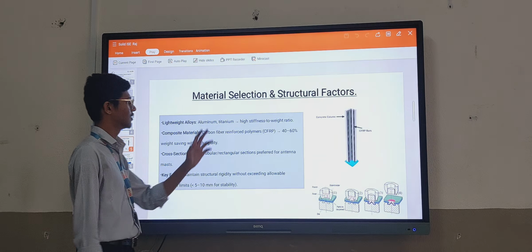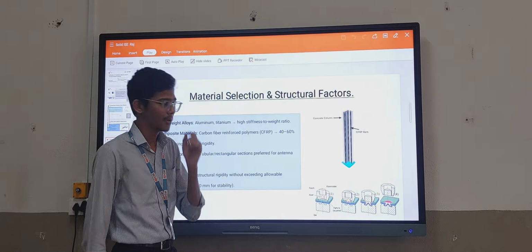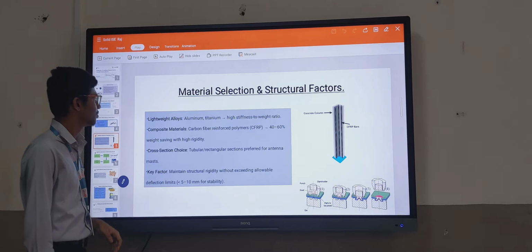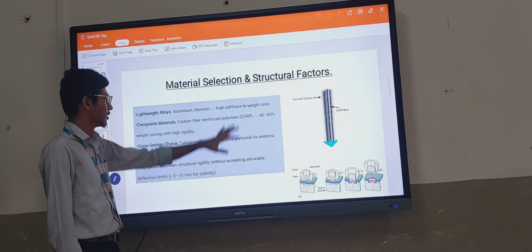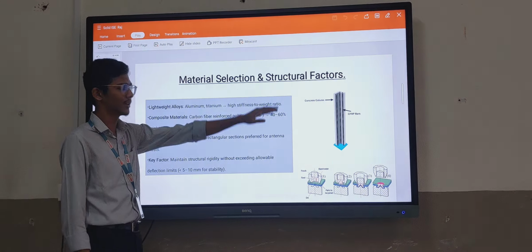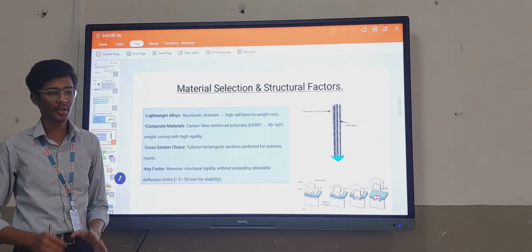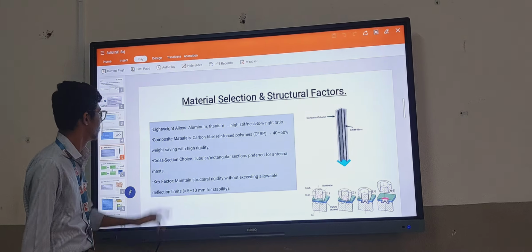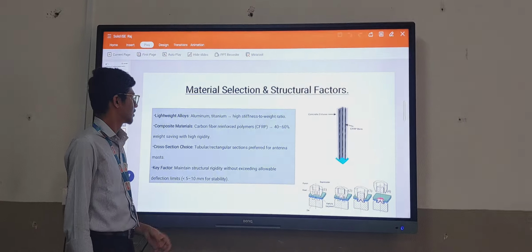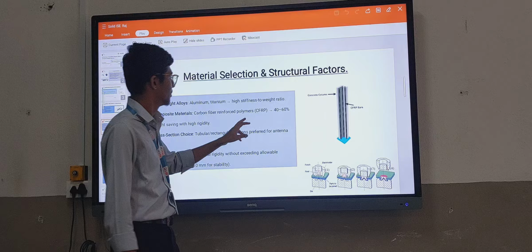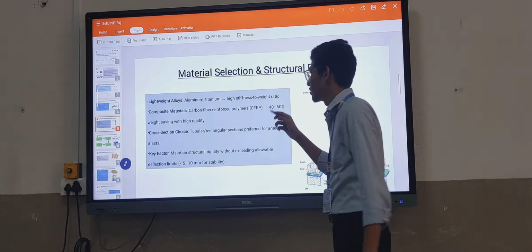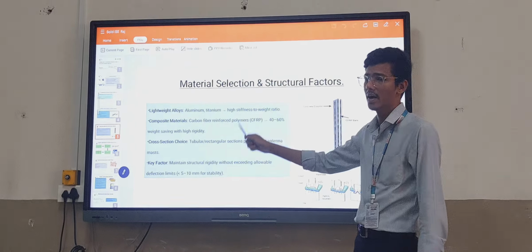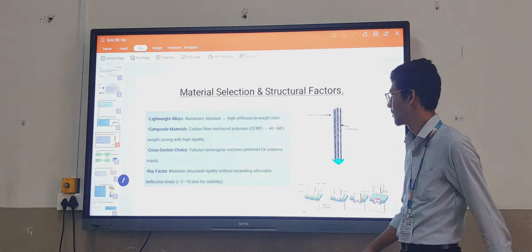Here are the materials used in making the antenna. We can use aluminum and titanium. They have a high strength-to-weight ratio. They are strong but lightweight, that's why we can use them. Composite materials like carbon fibers and reinforced polymers give 40 to 60% weight saving with high resistance.